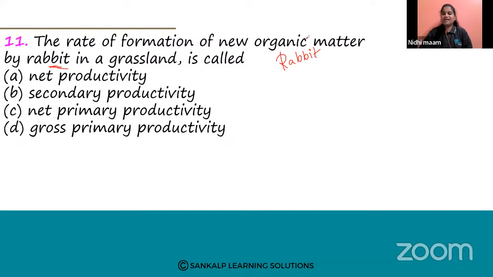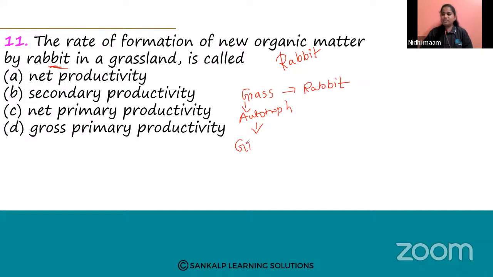So here, look, in a grassland ecosystem mainly grass is there. So let us understand that the rabbit will feed on grass. So here grass is what? It is an autotroph, nothing but a plant which can prepare its own food. So it will come under what? Primary productivity.